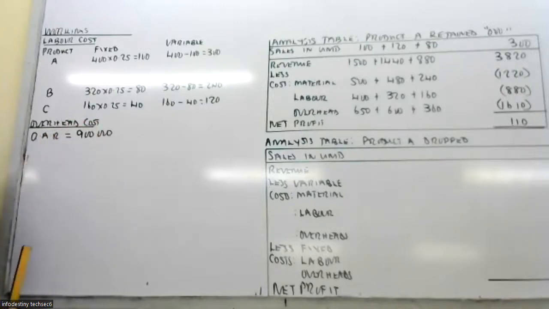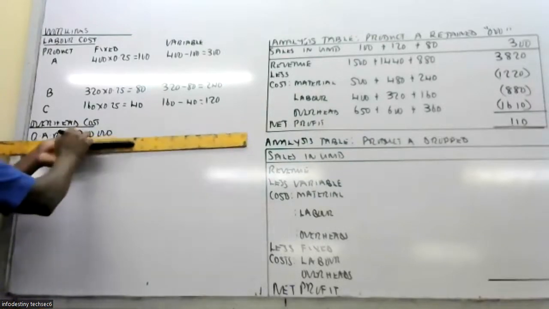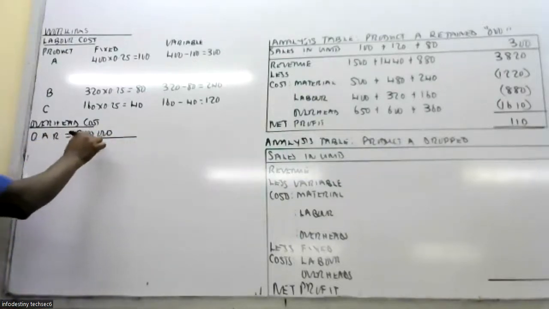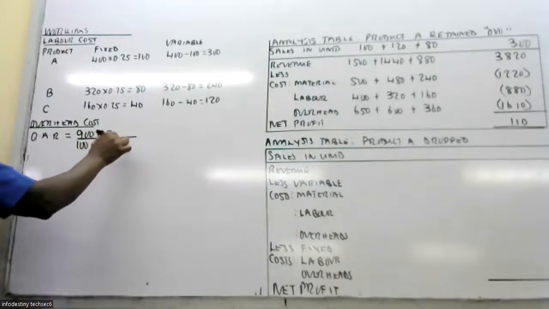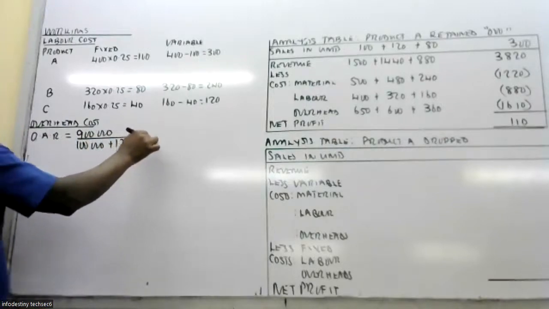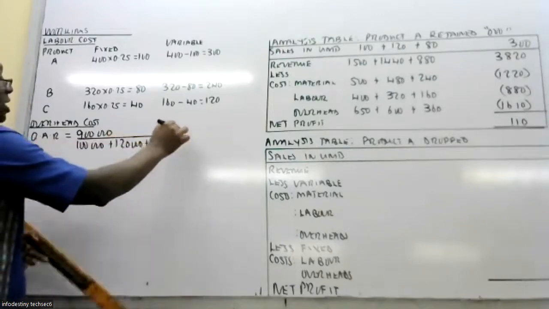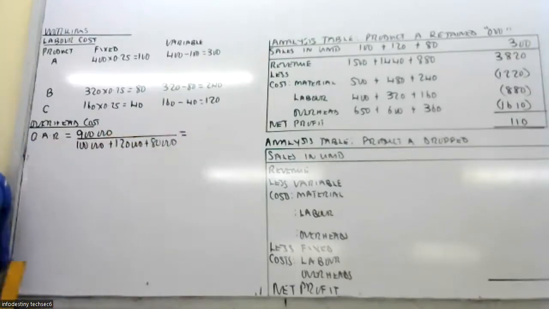Can you see that? And we are told they are absorbed on the basis of the units. So you will divide by the 100,000 units plus the 120,000 units plus the 80,000 units, so that we get the per unit.